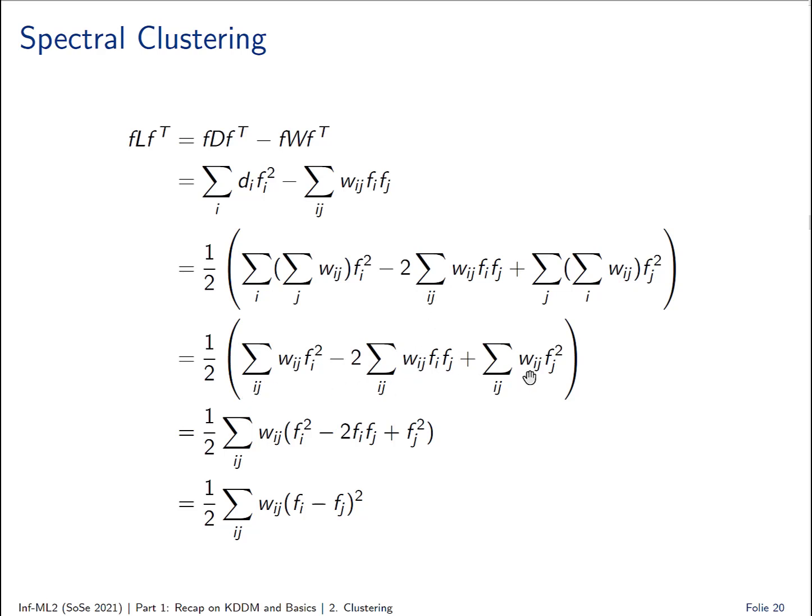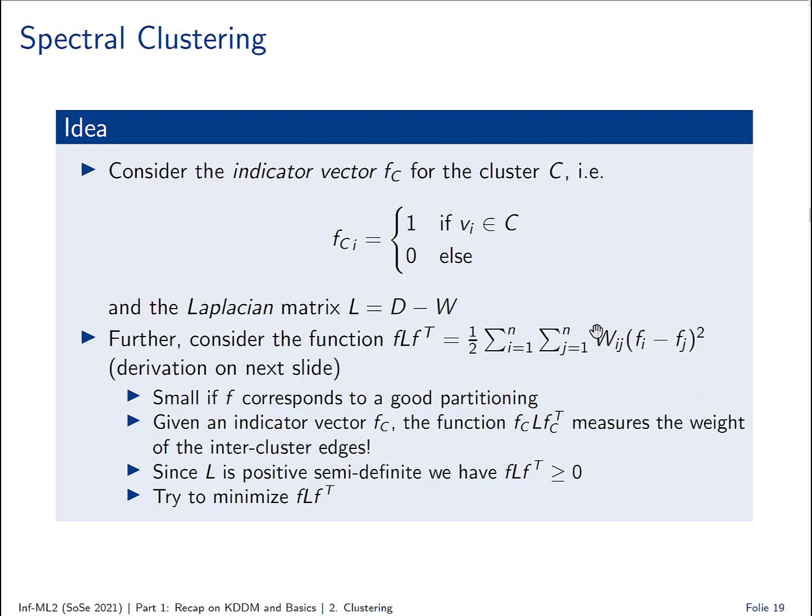Then we can have a kind of binomial formula and take this as one big sum and take the corresponding f values together, which runs down to a binomial formula, a squared minus 2ab plus b squared, which gives us (a minus b) squared. And that's exactly the right-hand side of this formula here. So this function here is actually exactly what we want.